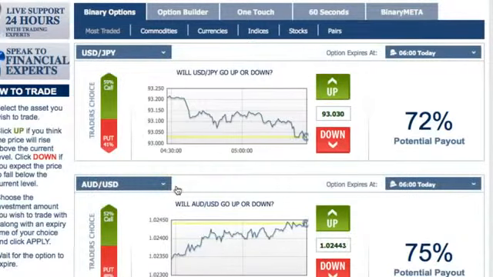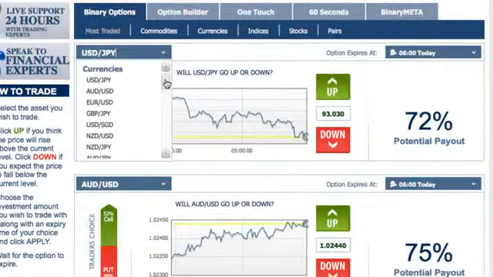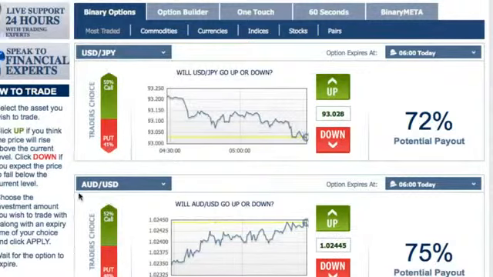So let's see if we can find another asset that fits our criteria. Another reason why the Australian USD doesn't fit our criteria is that the difference between the two prices is less than 0.1. It's in the tenths, so we'll leave that one alone.